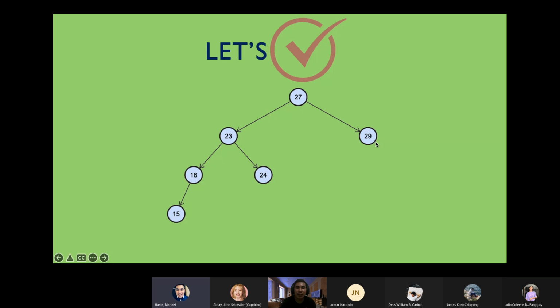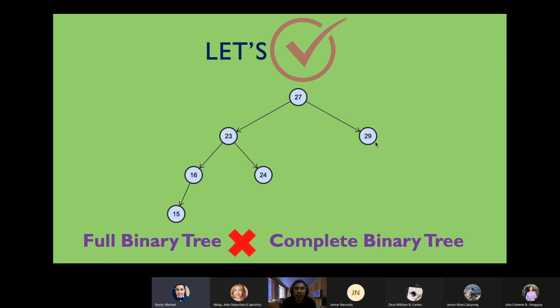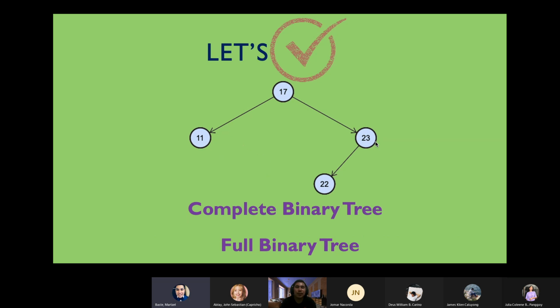Okay, so that's the difference between a full binary tree and a complete binary tree. So therefore, this is neither a complete nor a full binary tree. If it's not complete, it's not full either. Okay, this is just a binary tree. Now, how about this one?